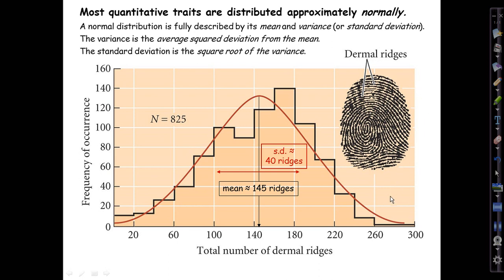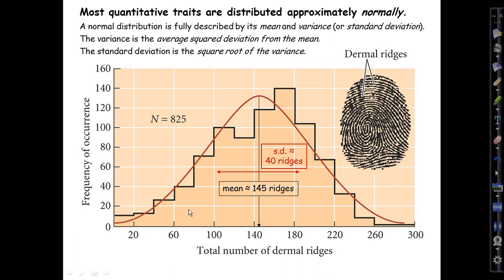Here are some old data from counts of dermal ridges in fingerprints from the day when lots of effort was spent for forensic reasons on the study of fingerprint patterns. Here's some index of total number of ridges. I don't know exactly how it's defined. I hope that's over several fingers because I don't see 200 plus ridges here.